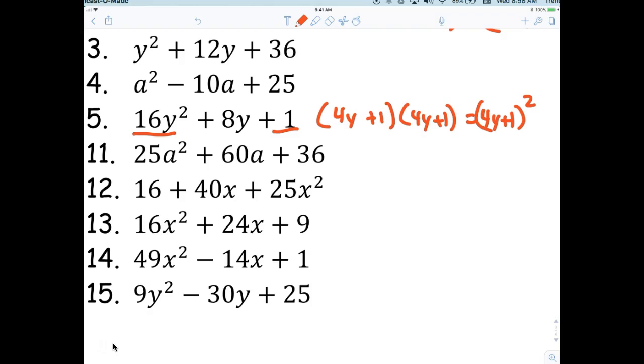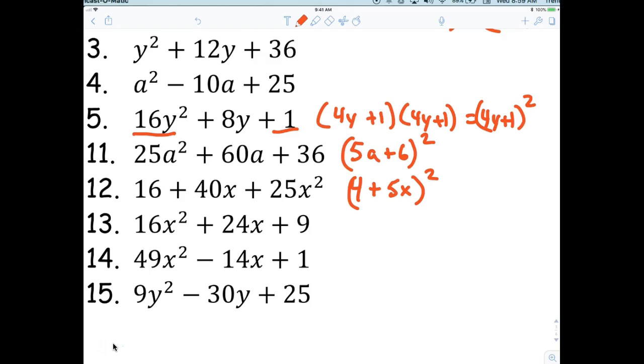Everybody happy with that? Number 11: we should be able to say that's 5a plus 6 squared. Start seeing the pattern. It's not really necessary to switch 12 around because you recognize they're squares, but it would be 4 plus 5x squared. Everybody okay with that?